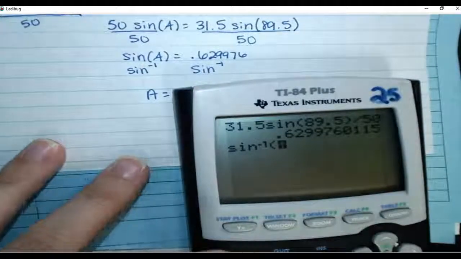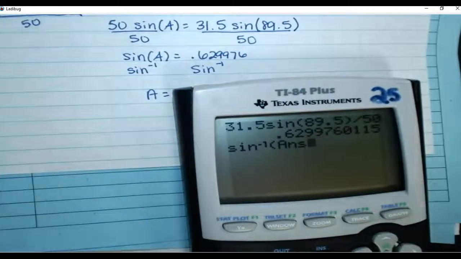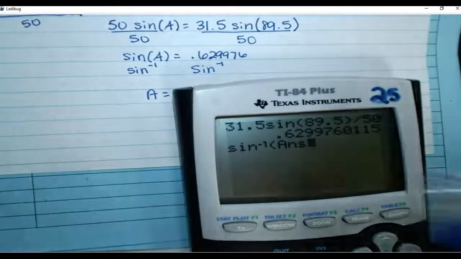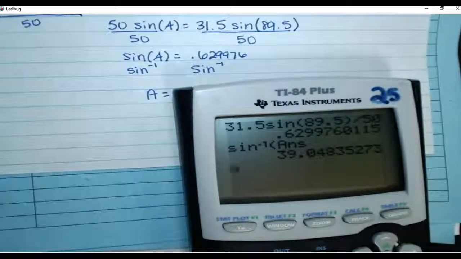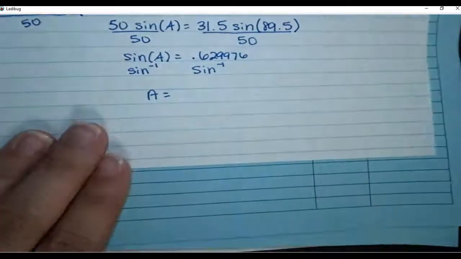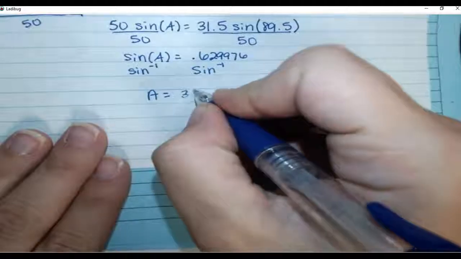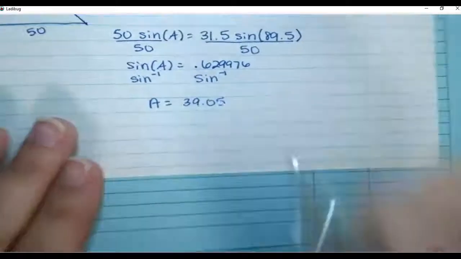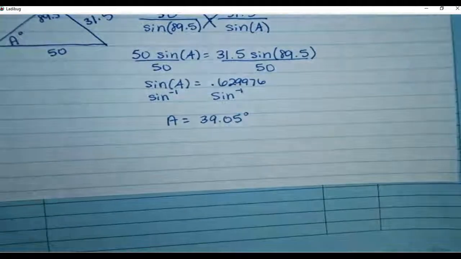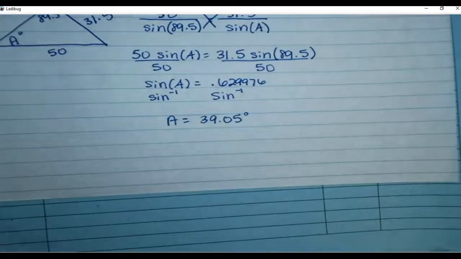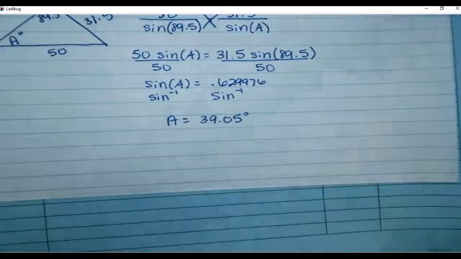So if you hit second negative, it always plugs in the last answer that you got. So that way we don't have to round or anything. We get the most exact answer that we can, which is about 39.05. Questions?